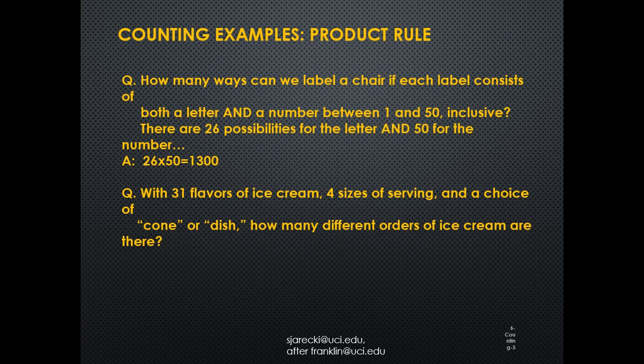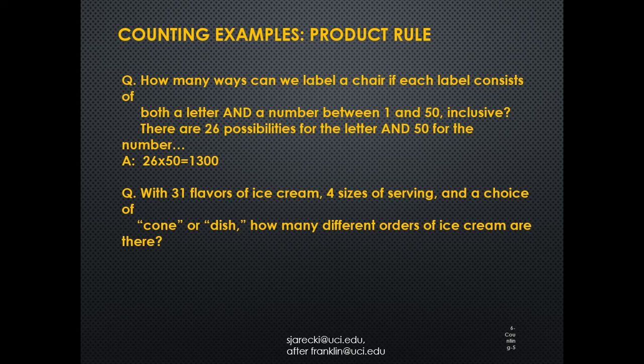The 26 represents the letters in the alphabet and 50 represents the numbers between 1 and 50. So multiplying, 26 times 50 is equal to 1,300 ways that we can label a chair wherein you are going to use both a letter and a number.